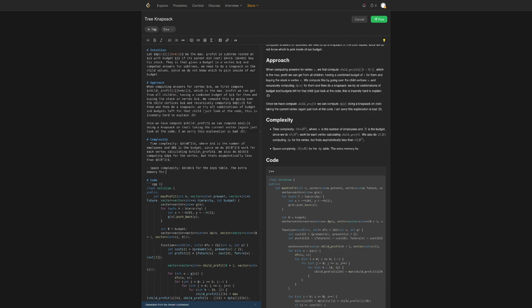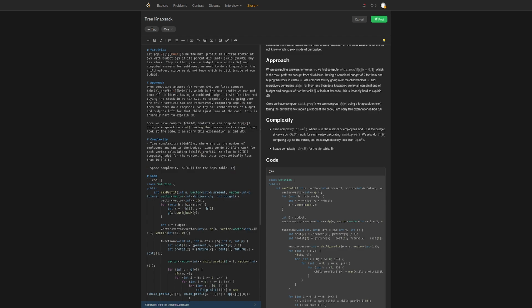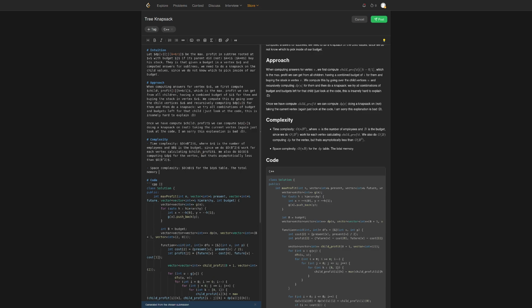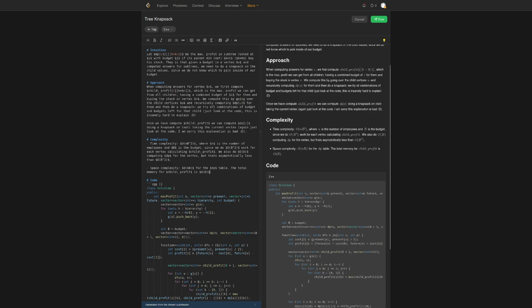Extra memory for child profit is O(b), since after the child computes.